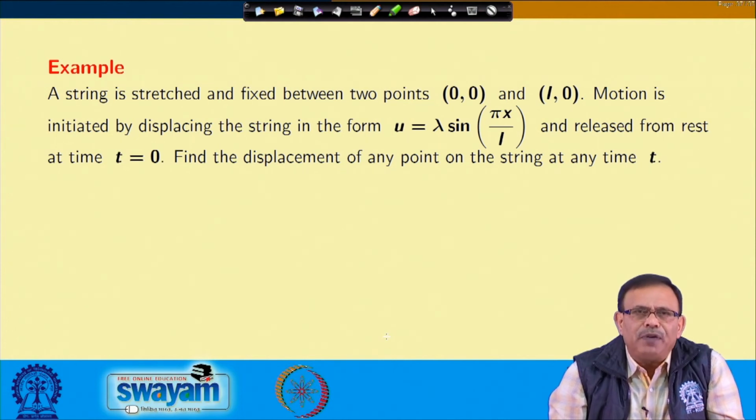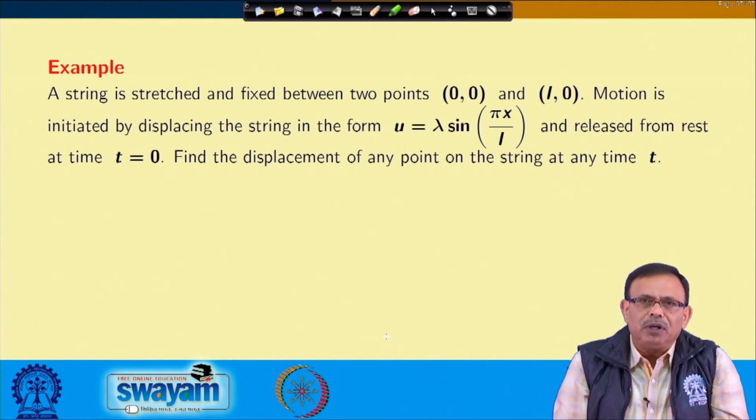So, basically you have to find the displacement, that is u x t, at any point of time. Your string is stretched between two fixed points 0, 0 and L, 0. Also, it has been told that motion is initiated by displacing the string in the form u equals lambda sin pi x by L and released from rest at time t equals 0.